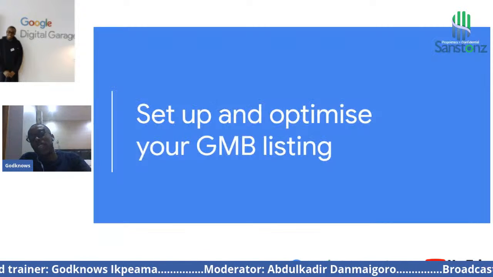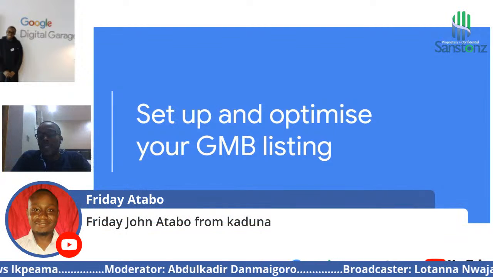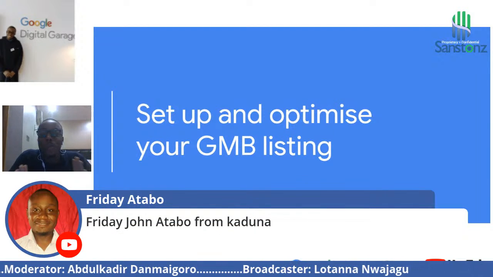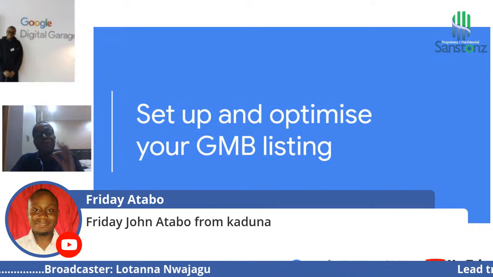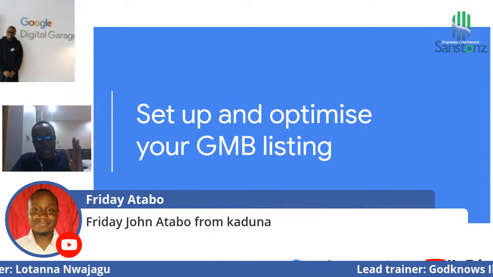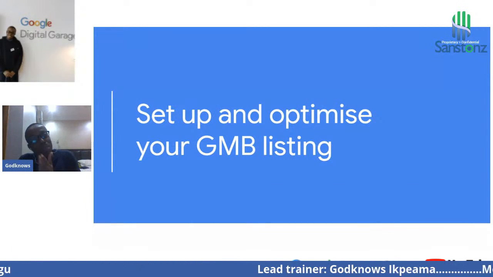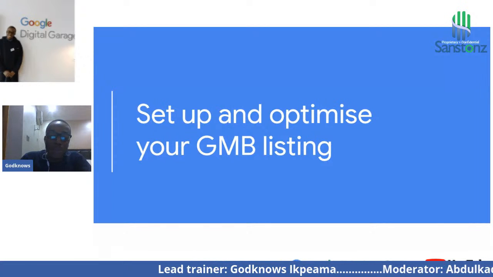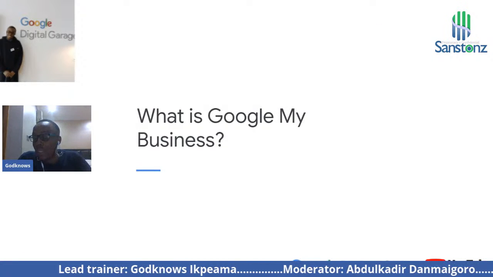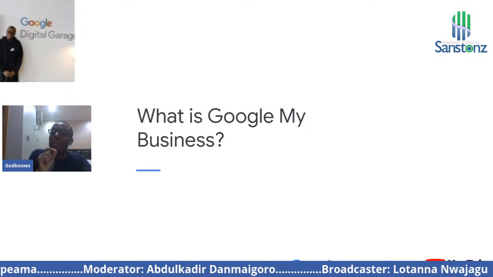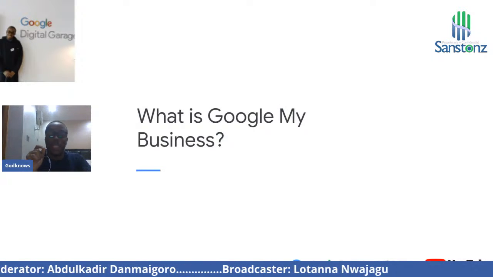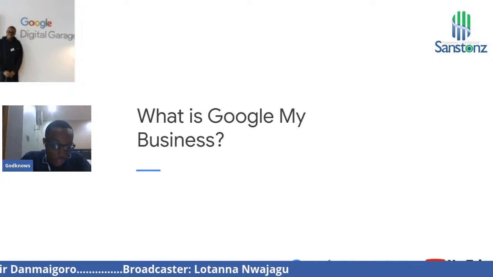Then agenda one: set up and optimize your GMB listing. Remember what I said about GMB: wherever you hear GMB, it is Google My Business. What is Google My Business? If you have an idea what it is, please put it in the chat.